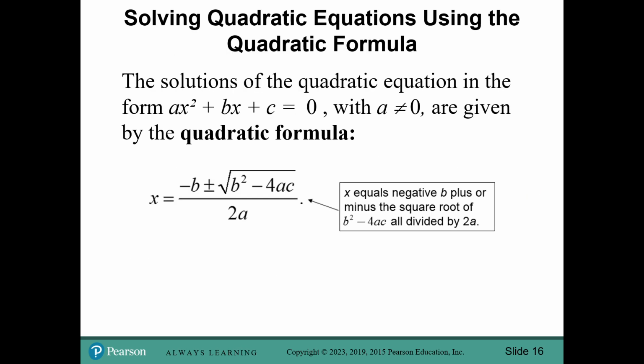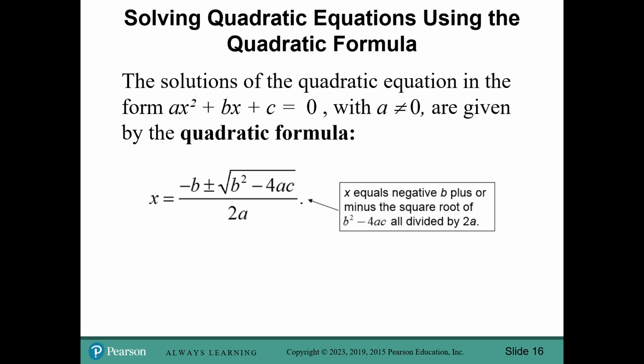Now, if we cannot factor something, because you can't always factor, sometimes we have to use what is called the quadratic formula. So, solving quadratic equations using the quadratic formula. The solutions of the quadratic equation in the form ax squared plus bx plus c equals 0, with a not equal to 0, are given by the quadratic formula: x equals negative b plus or minus the square root of b squared minus 4ac, all over 2a.